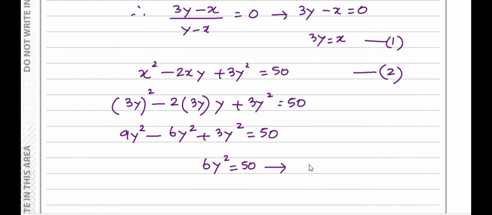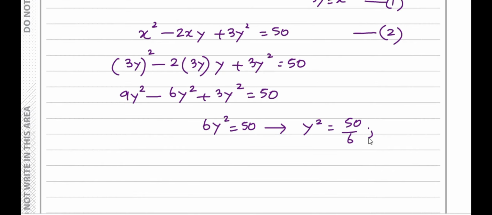From this we can say y squared is equal to 50 over 6, leading to y is equal to plus or minus the square root of 50 over 6. So we can write this as y equals plus or minus, dividing both numerator and denominator by 2, the square root of 25 over 3. Okay, so how do we settle for plus or minus?